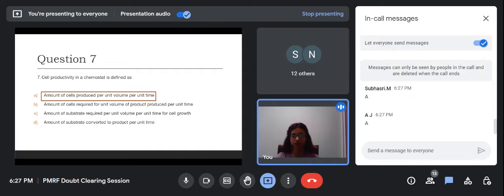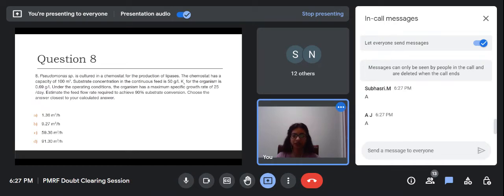Alright. So moving on to question number 8. This is again a numerical sort of question. Pseudomonas species is cultured in a chemostat for the production of lipases, which is an enzyme. The chemostat has a capacity of 100 meter cube. Substrate concentration in the continuous feed is 50 grams per liter.